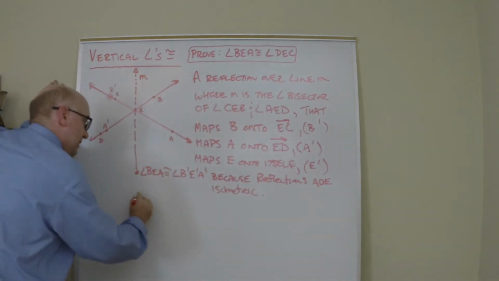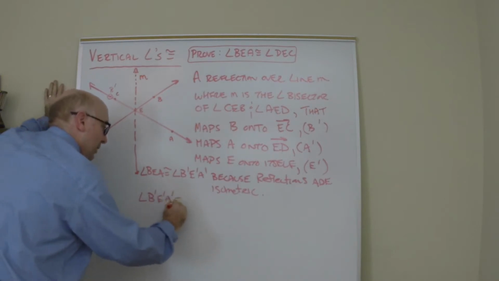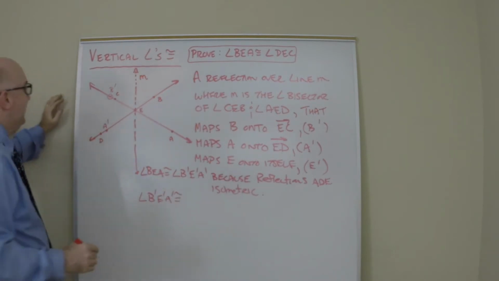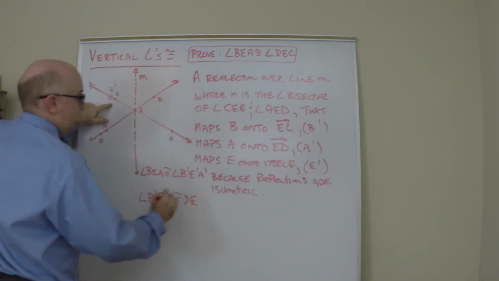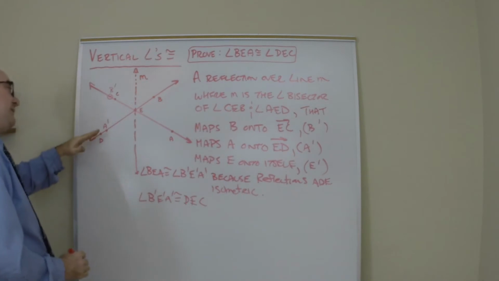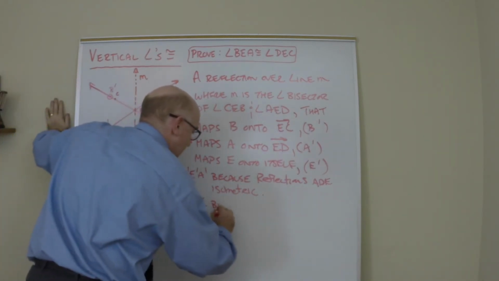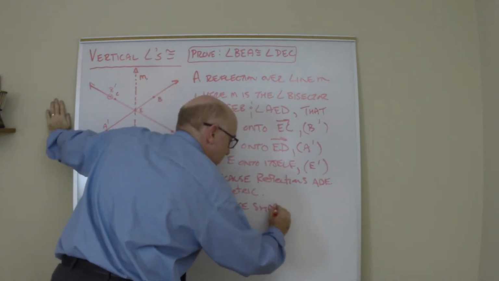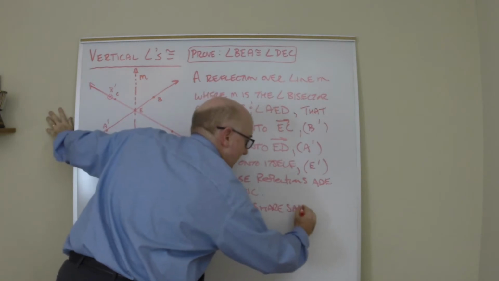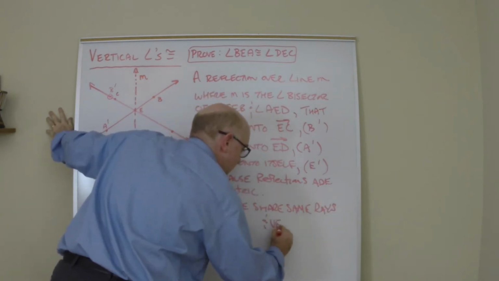And it would also be true that B prime E prime A prime is equal to DEC, because they share the same rays and vertex.